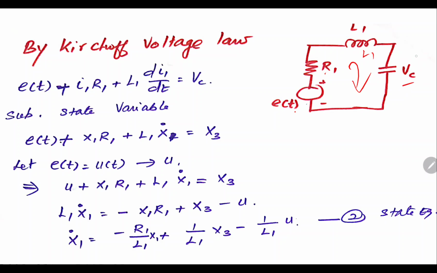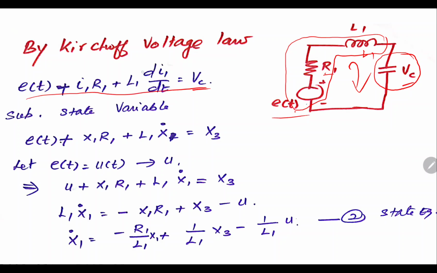Here we are considering the center point, and the voltage across the capacitor is equal to the sum of all the voltages across the elements, like that we are assuming. Hence E of t plus I1 R1 plus L di by dt is equal to Vc.